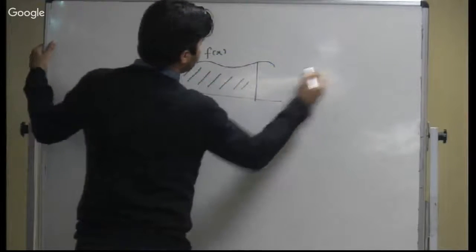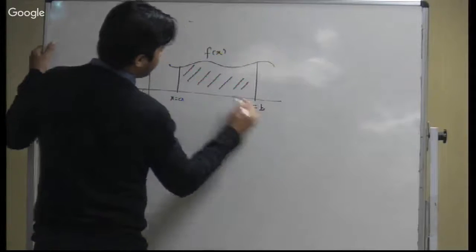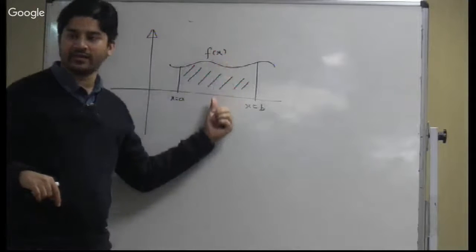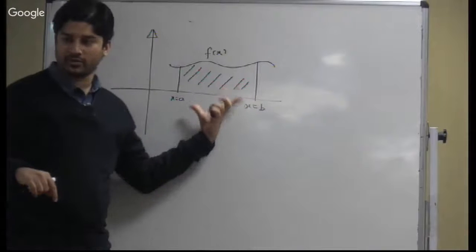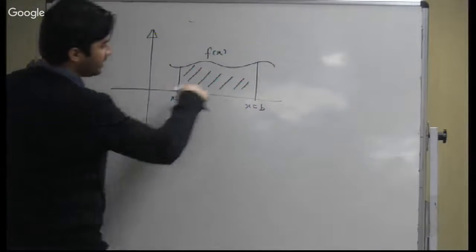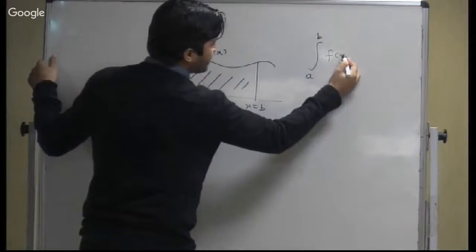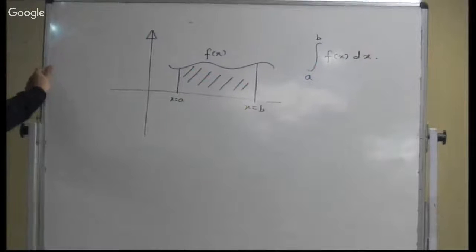Let's say this is x equals a and this is x equals b. If I ask you what is the area between the curve f(x) and the ordinates, you understand it? So we have to find the area. The answer would be the integral from a to b of f(x) dx, right? No issue with this type of question, right?